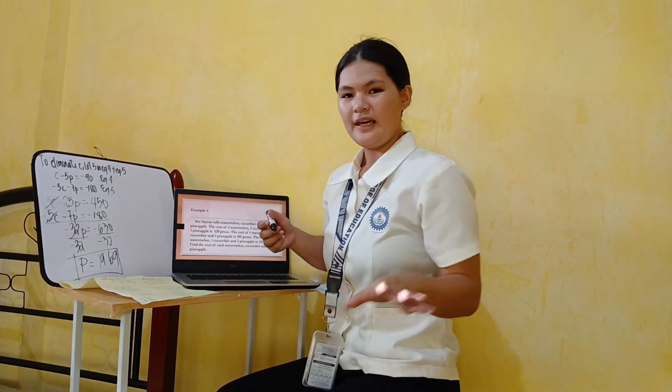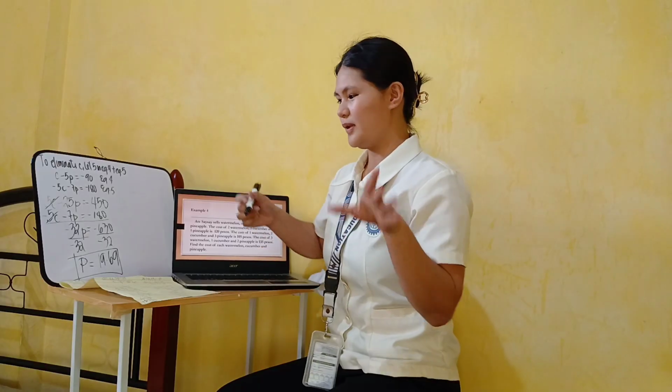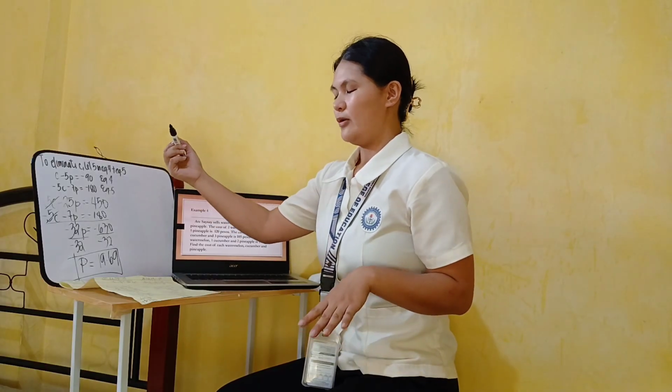So next is we are going to find W na kung saan siya yung unang in-eliminate natin. So we are now going to find the value of W. So we will use the equation 1 na kung saan ay gagamitin din natin yung value ni P and yung value ni C. So 2W plus 3C plus P is equal to 120. Copy the 2W plus 3.